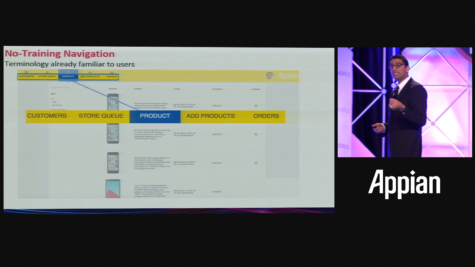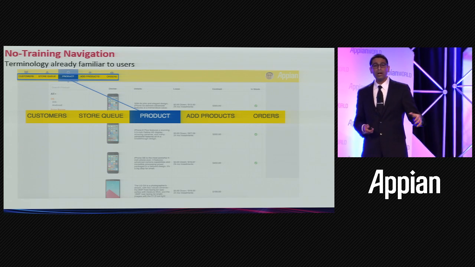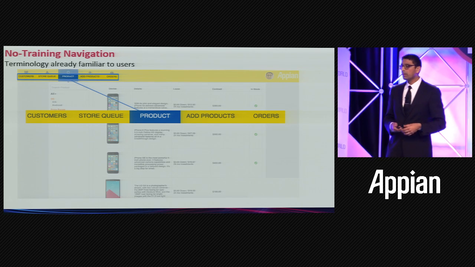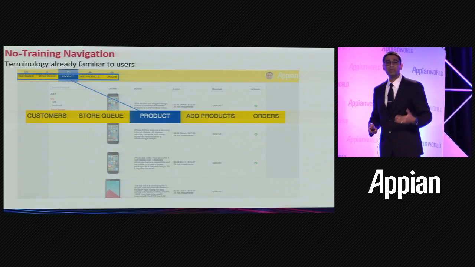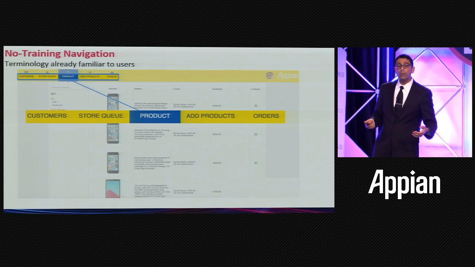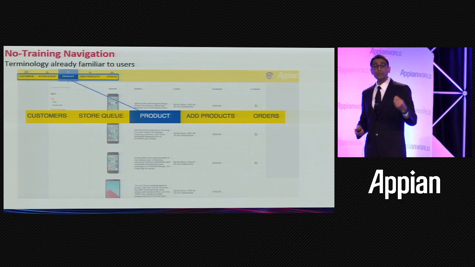So they can leverage keywords and icons that your users are extremely familiar with. I'll go back to my example of vehicle management and home inspection. Certain keywords like inspection, vehicles, home, customer, your users are extremely familiar with. So your designer can go in and leverage those keywords. Each site tab can be built using those keywords.